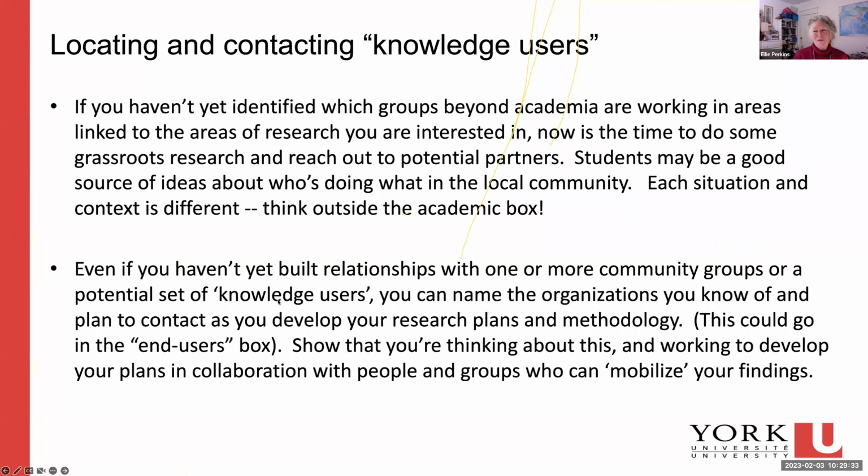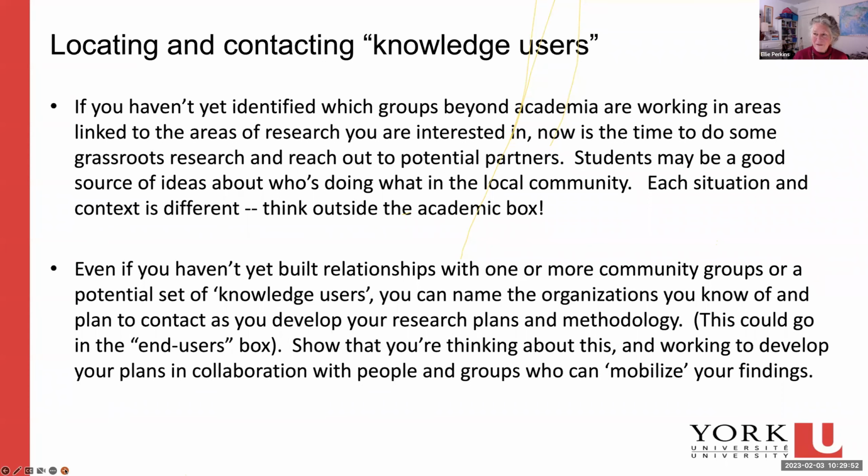And so one of the things I want to do in this workshop is to encourage you to reach out to more and more people, to people outside the university who are using the work that you'll be doing and who really need it in order to do their jobs better.